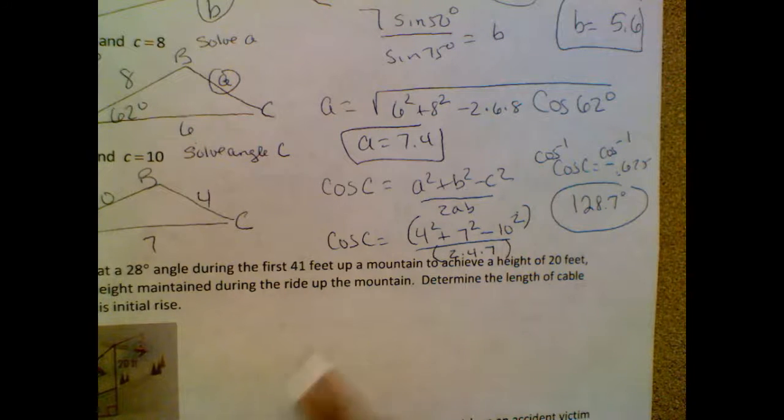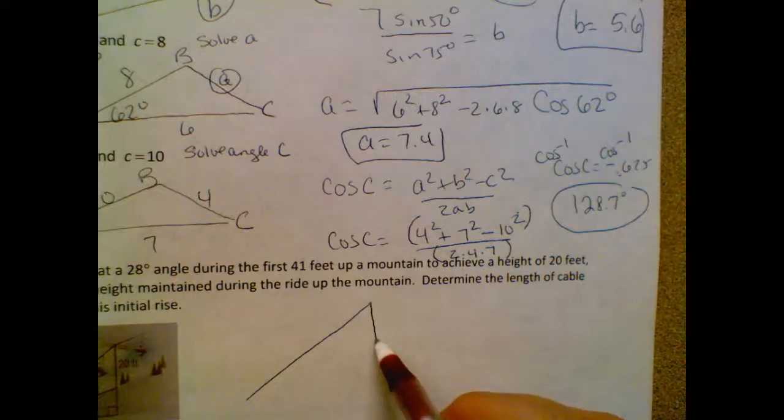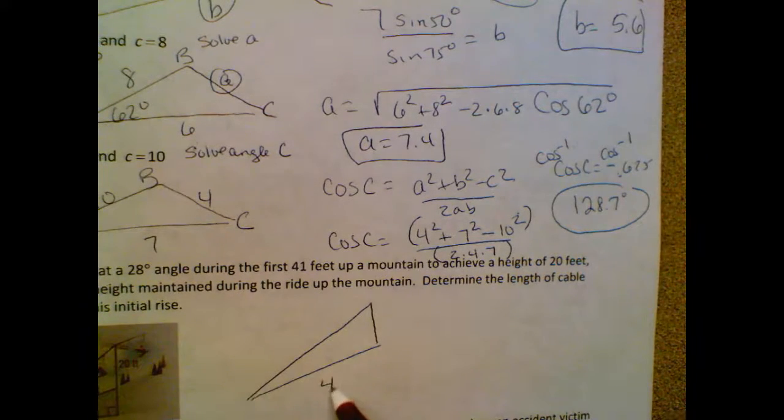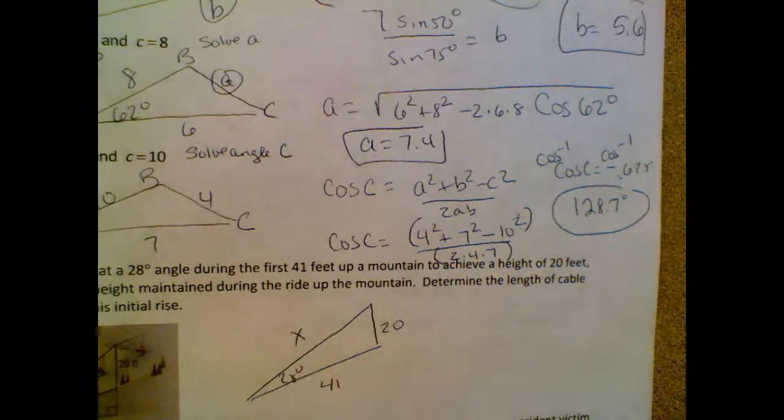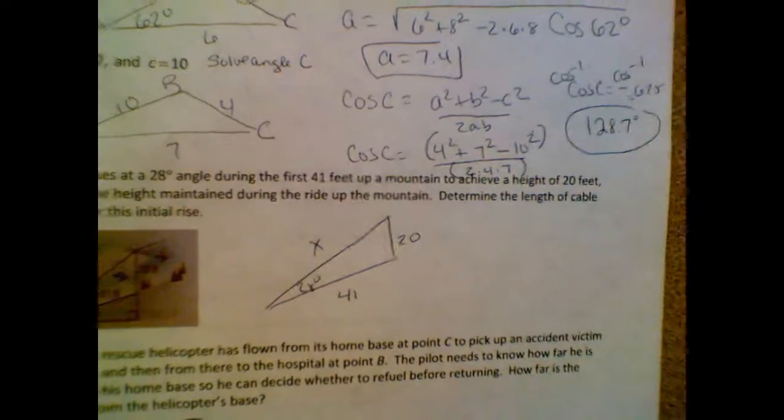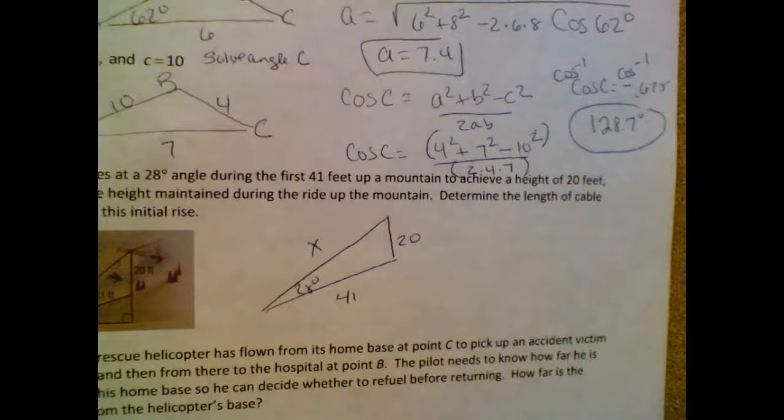All right, guys, it looks like the triangle is drawn. Everything you have is needed here. This is 41. It says this is 20 and this is 28, and you're solving for this. Do you know 2 angles or do you know 2 sides? We know 2 sides, but the angle's not included.